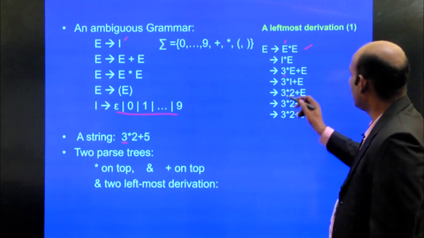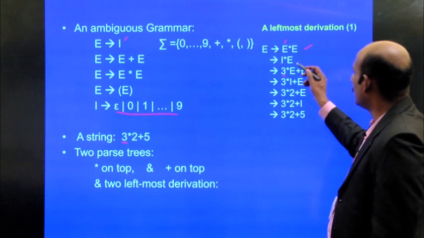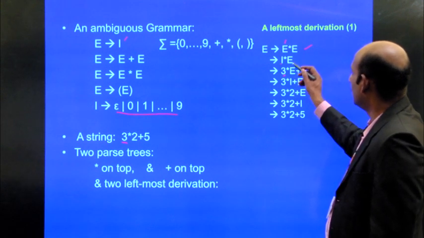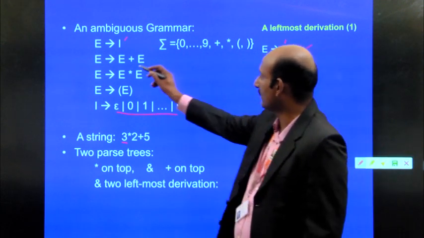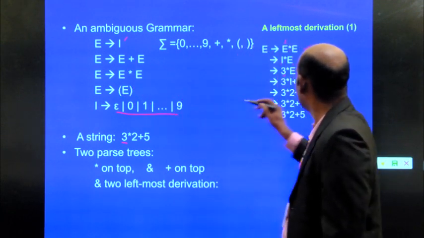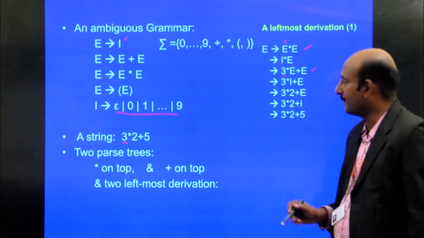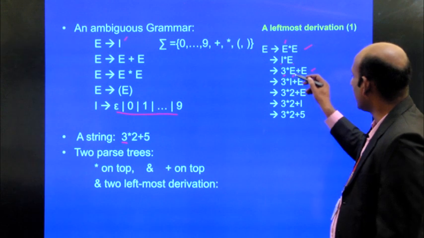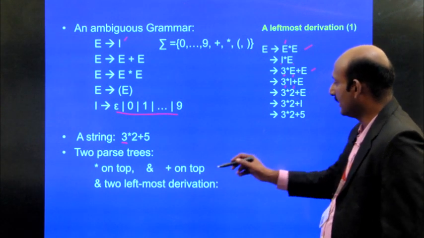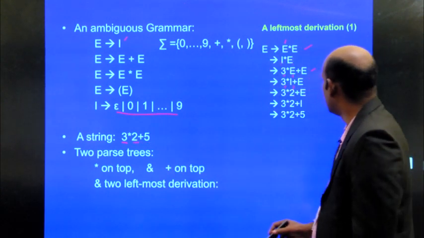Then after that, E is replaced into E plus E. The leftmost non-terminal is I. Again this I is replaced by 2, because the next input is 2.